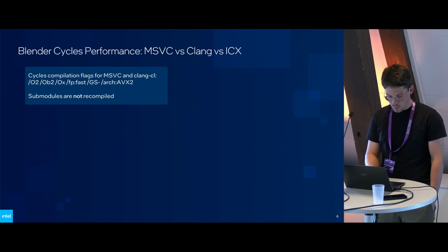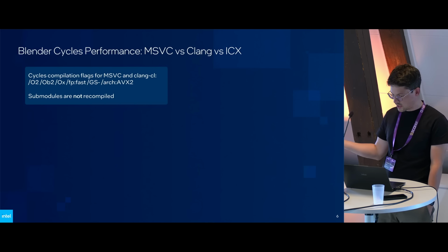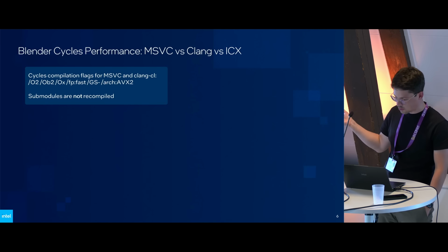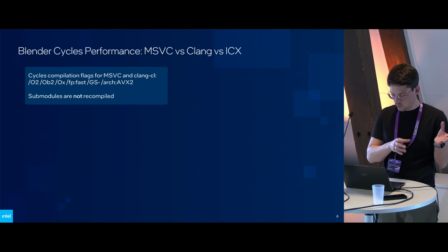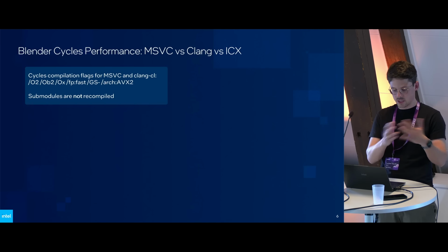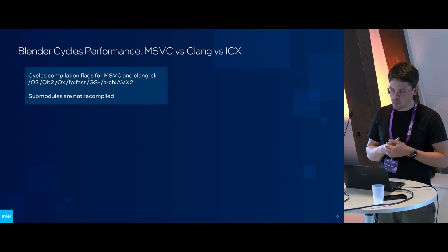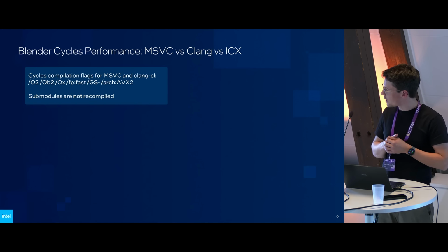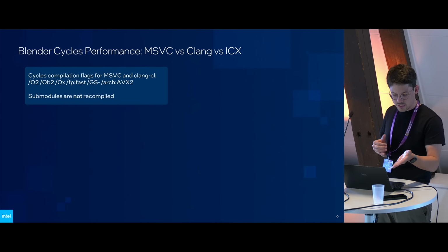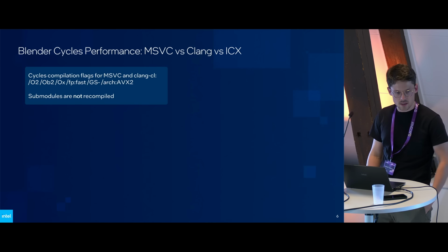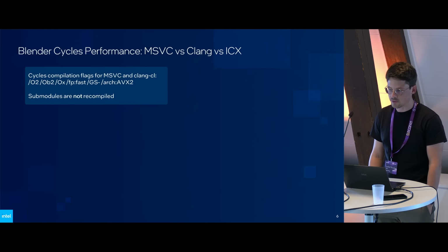Good. So let's compare the performance of Blender Cycles built with these compilers. I already said we can use Clang CL just as a drop-in replacement for MSVC. We can do the same thing for ICX, our Intel compiler. What I use in this comparison are the standard compiler flags that are set for the Cycles project.